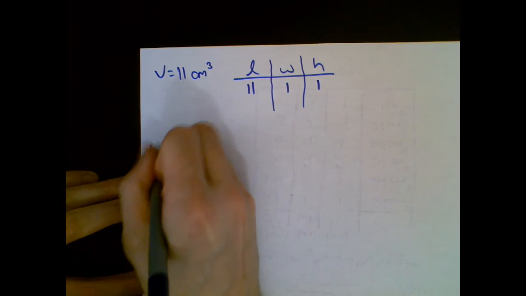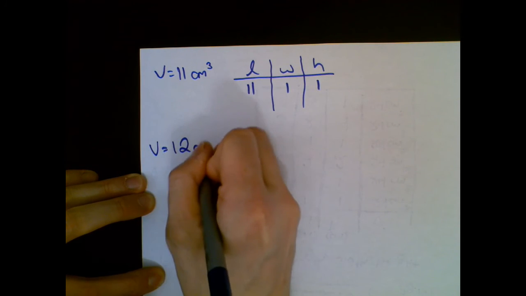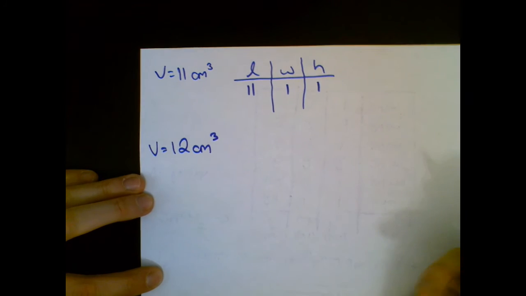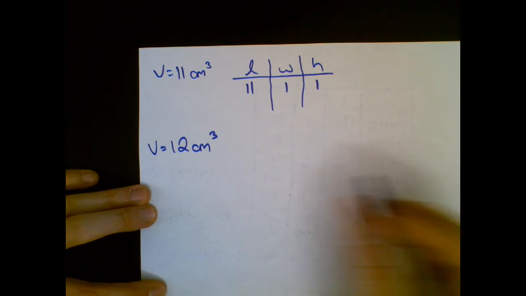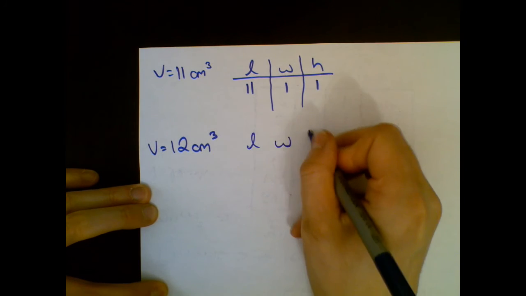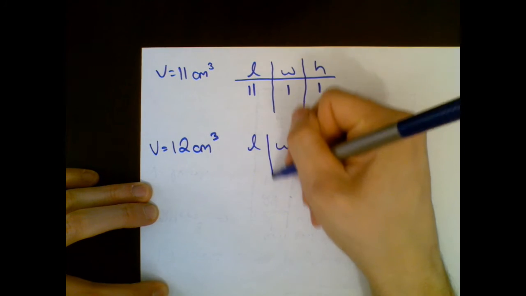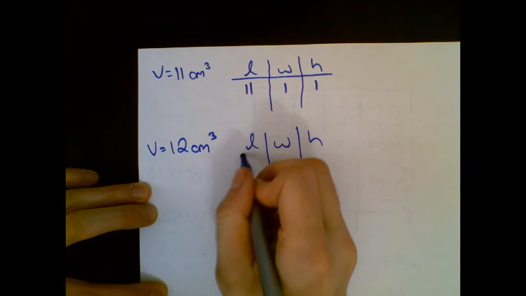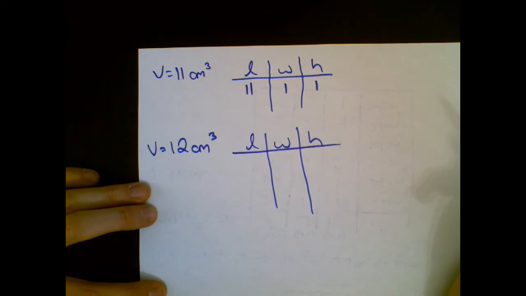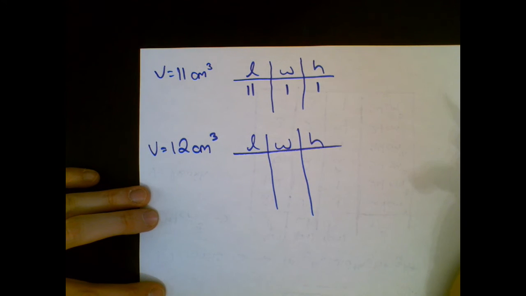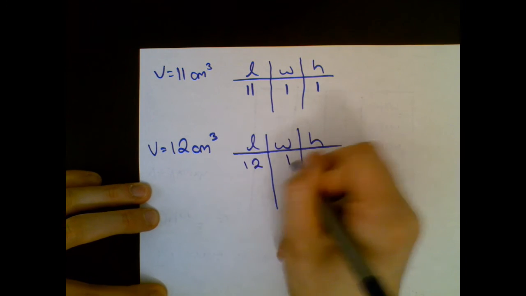The next example they do is, say I have 12 centimeters cubed. Length, width, height. You'll notice that I'm not using pictures for this one. I want you to get these numbers in your head, and I want you to keep them in your head. So first one, an easy one: 12, 1, 1.